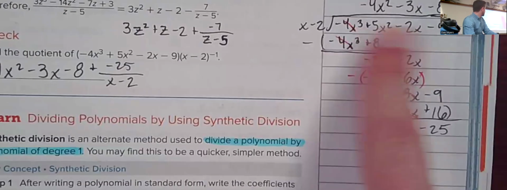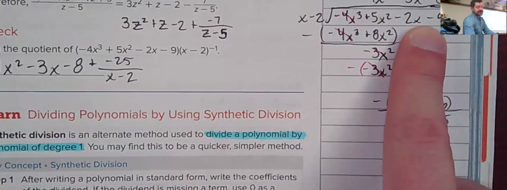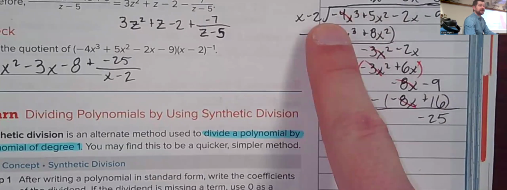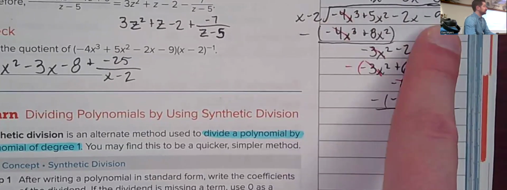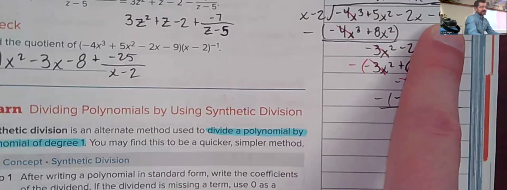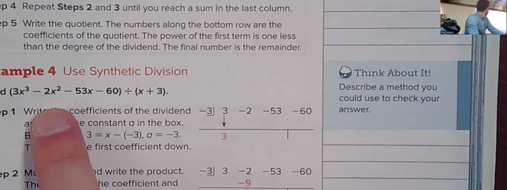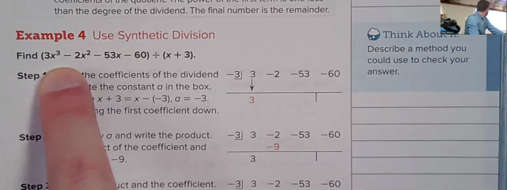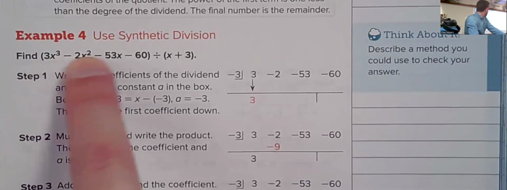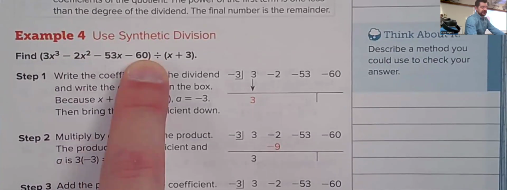So this would be the dividend, and the coefficients of this dividend would be just the numbers in front of the variables or the numbers by themselves: -4, 5, -2, -9. Those are the coefficients. So in this example here, the coefficients of the dividend are 3, -2, -53, and -60. And you can see those here.